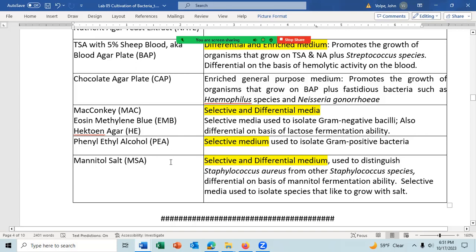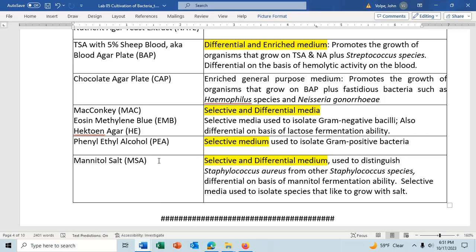Mannitol salt agar is also selective and differential. It is selective for those organisms that like salt. It has 7% sodium chloride, so only if the organism can grow in 7% sodium chloride will they grow. Most organisms will not grow above 2% sodium chloride. So only organisms that are salt tolerant will grow on mannitol salt agar.